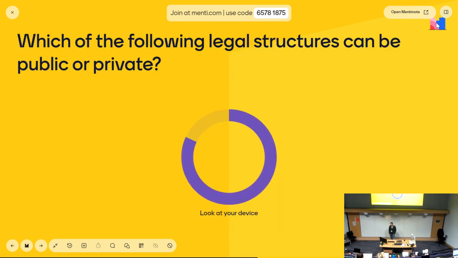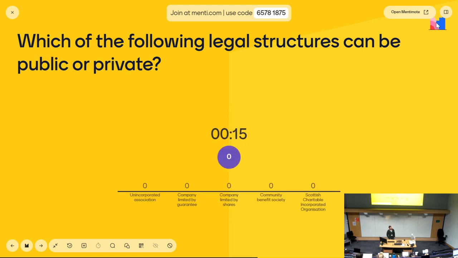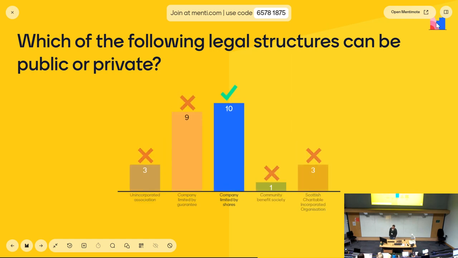Okay. Which of the following legal structures can be public or private? This is a tough one, to be fair. Yeah, company limited by shares.